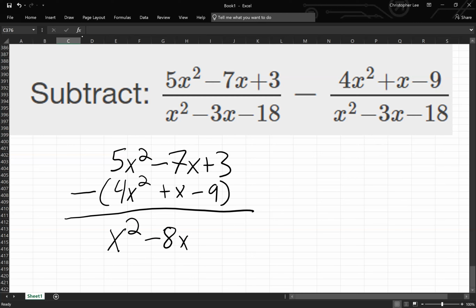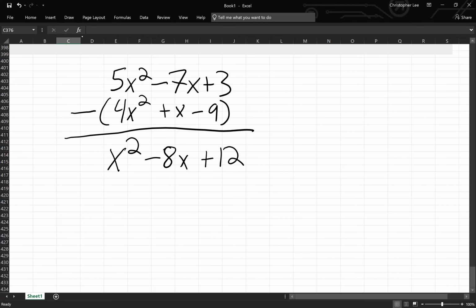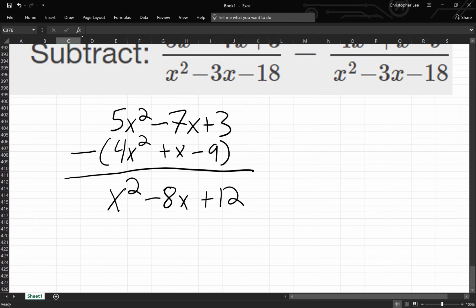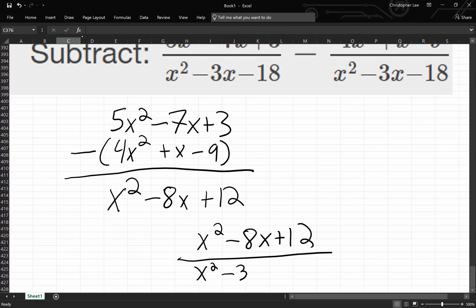No, 12. That's 12. So that's my numerator right there. I have x² minus 8x plus 12, all divided by x² minus 3x minus 18. Very simply, factor the top, factor the bottom, go ahead.